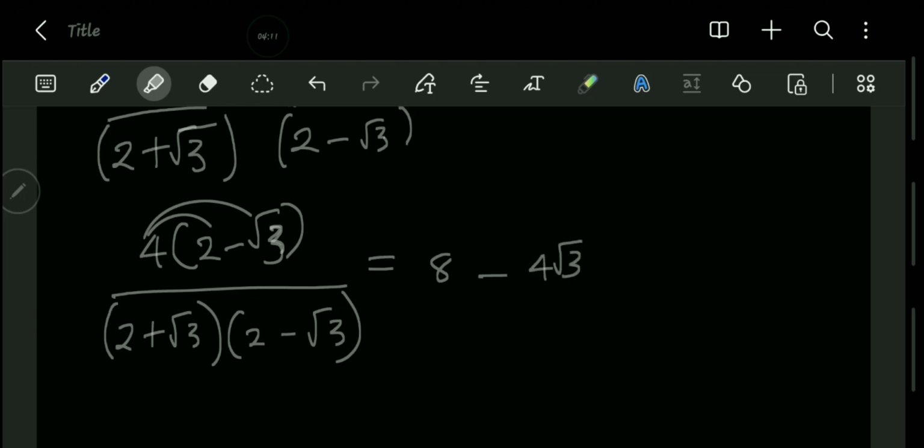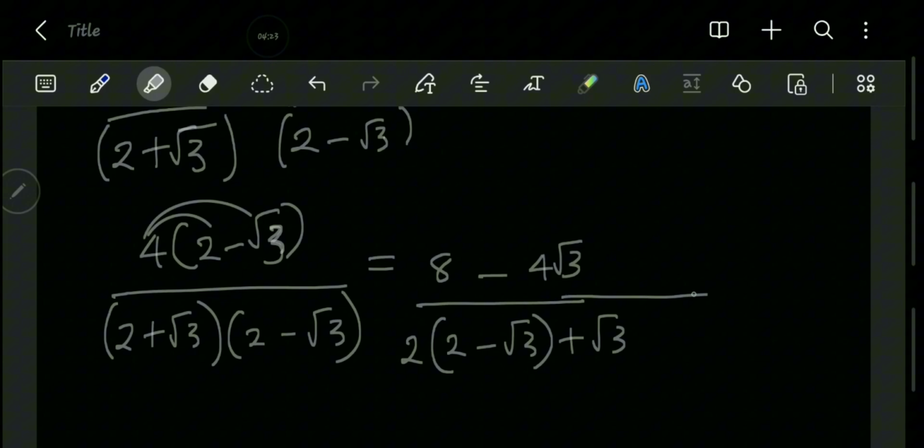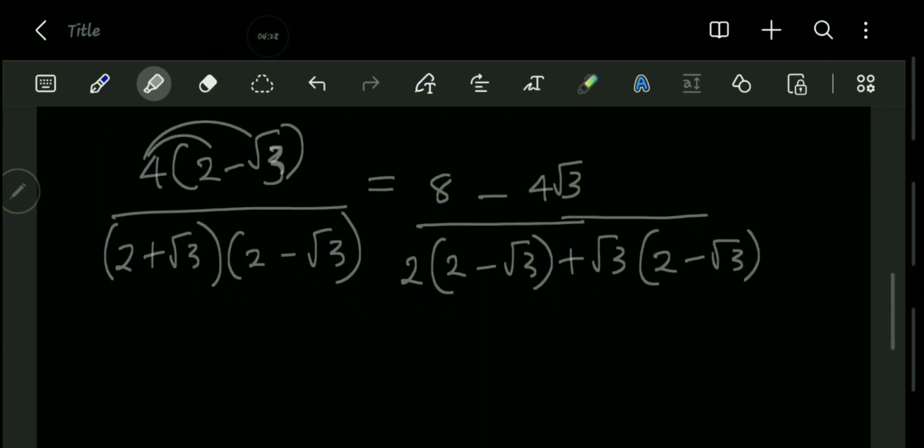And I'm done with the numerator. So for the denominator, let me pick these 2 out, 2 into 2 minus surd 3, then plus surd 3 into 2 minus surd 3, right?